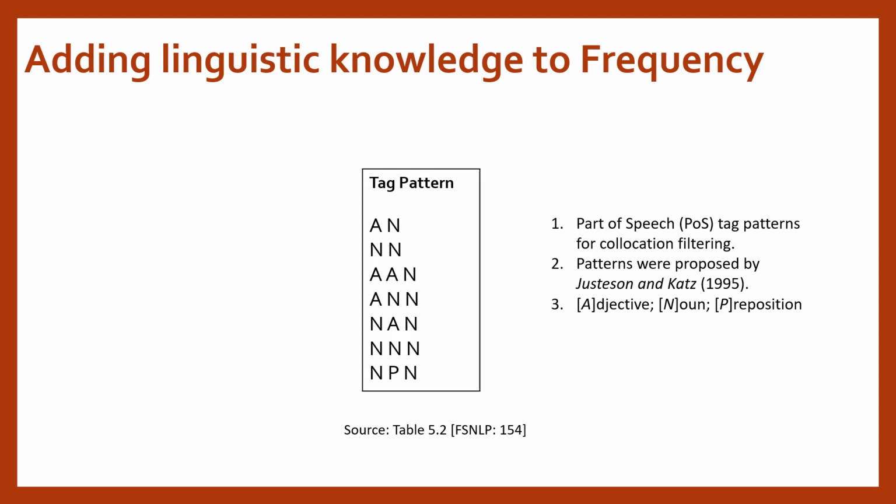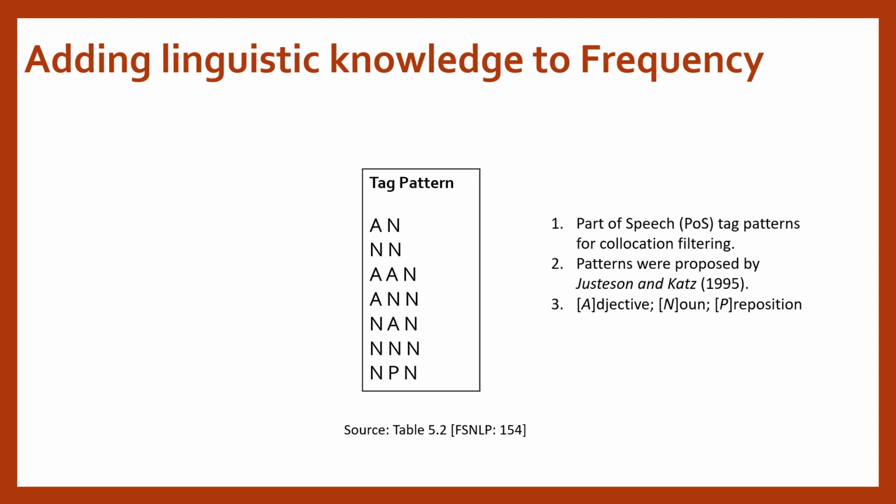These patterns are based on the part of speech tags. For each of the words, you first identify the part of speech, and then you see which of these patterns are there.